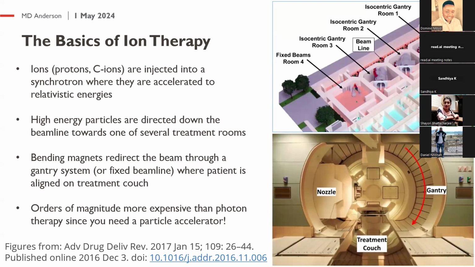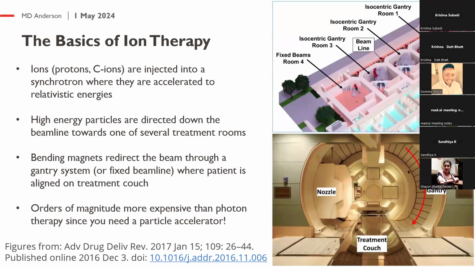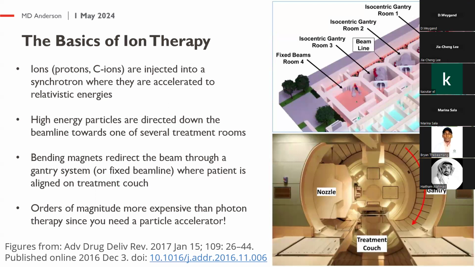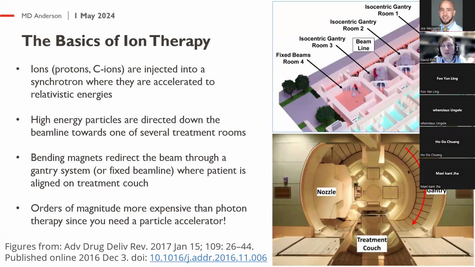Once they're high enough energy to be therapeutically useful, we direct them down a long beam line using bending magnets towards one of usually several treatment rooms, where they're directed towards a patient who is aligned on some sort of treatment couch. Oftentimes we have a gantry system, like you see here on the bottom, which can rotate around the patient and deliver the beam from several different beam angles, similar to how you would deliver a photon treatment, although on a much larger scale.